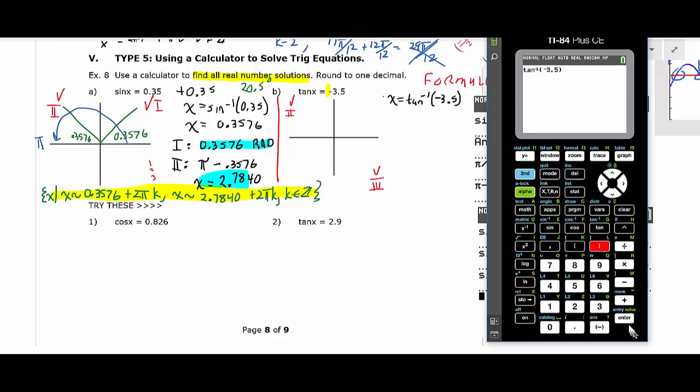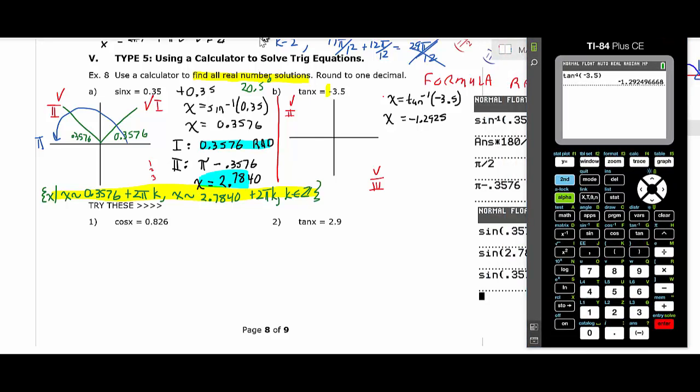So I'm going to do that on the graphing calculator, and again we'll just round this off to 4 decimals, so we get about negative 1.2925, okay, like that. Now what we need to do is the 2 quadrant answers.